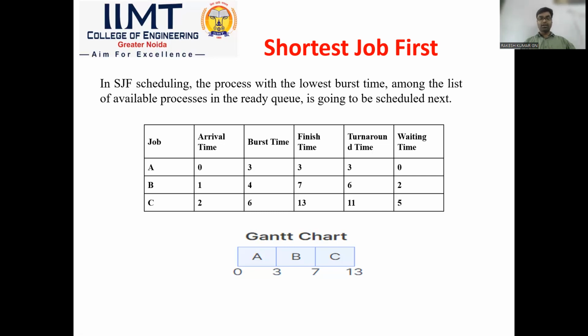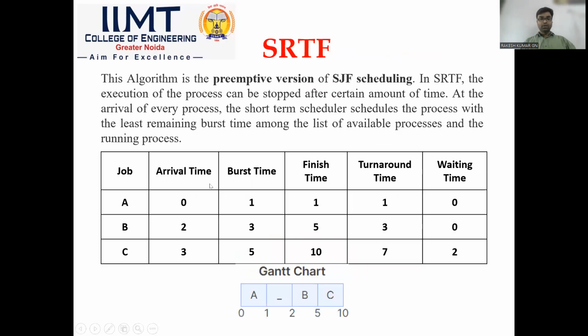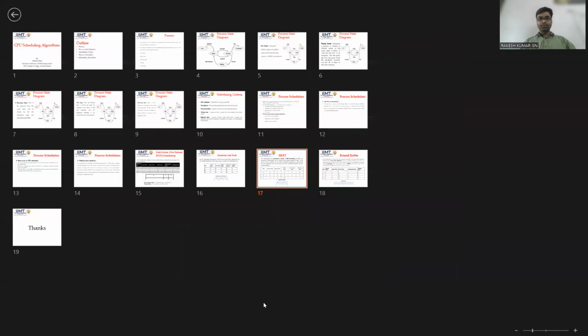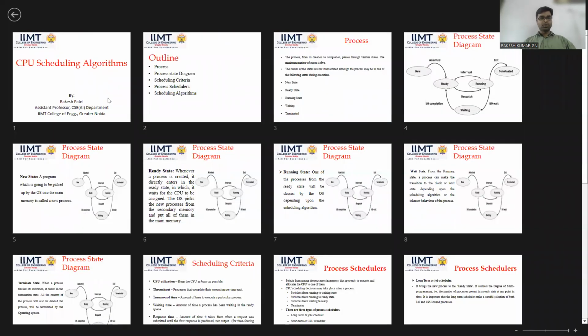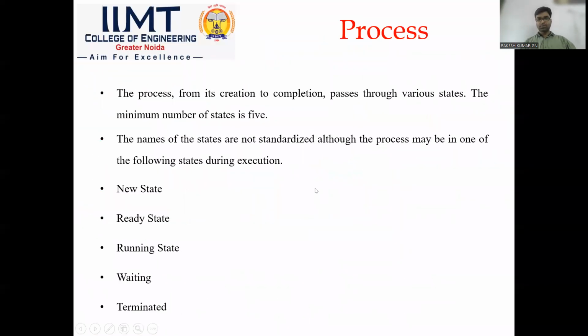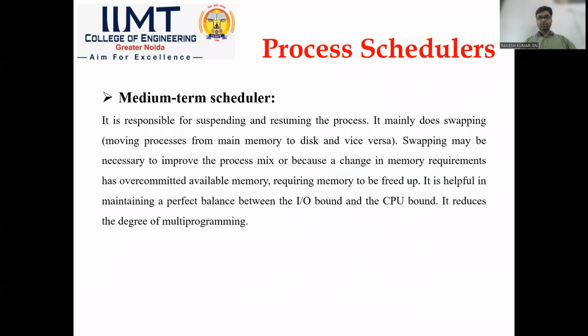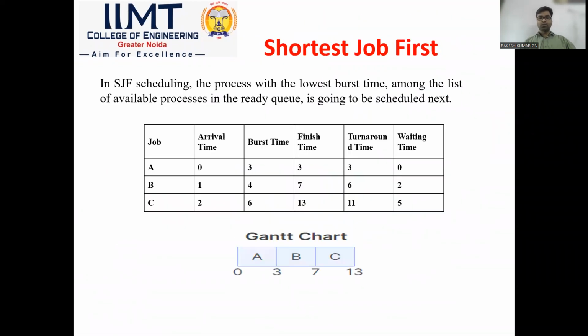Now the completion time. The completion time for process A is 3, for process B is 7, and for process C is 13.